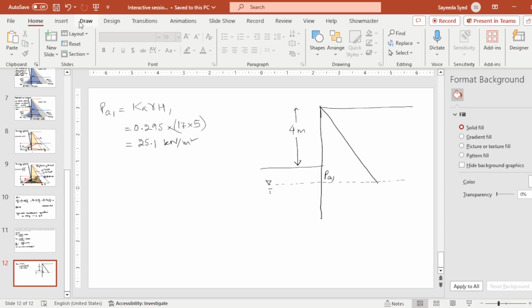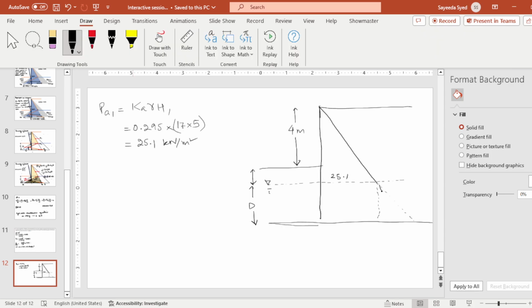And PA2 will be Ka gamma submerged D, which will be equal to 0.295 into gamma submerged, 9.19, into D.